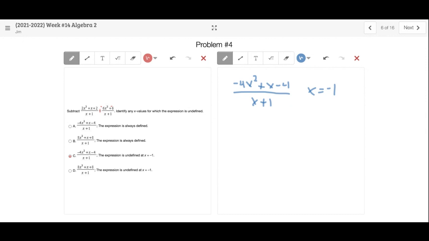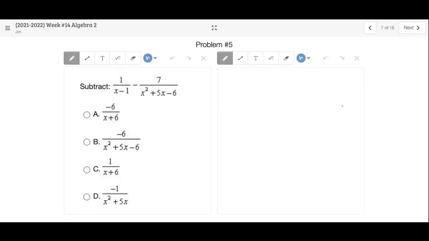All right, let's try number 5. Okay, number 5. Oh no, Mr. Shanklin. There's not a common denominator here. Okay, so what is the common denominator?